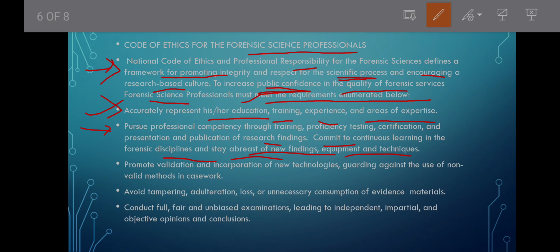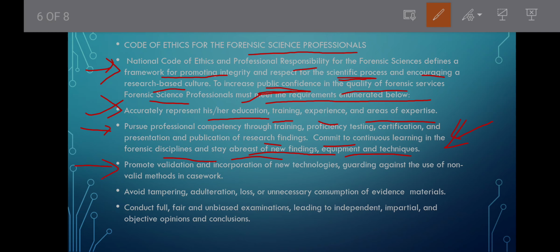As time changes, science changes and new techniques keep coming. The person should be updated with new scientific methods. We have different machines for analyzing different types of evidence that reduce time and cost, so we should be able to handle them.